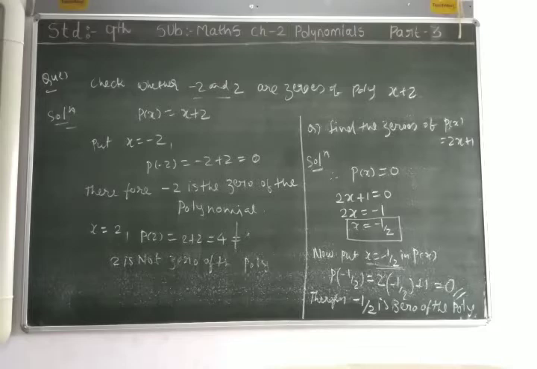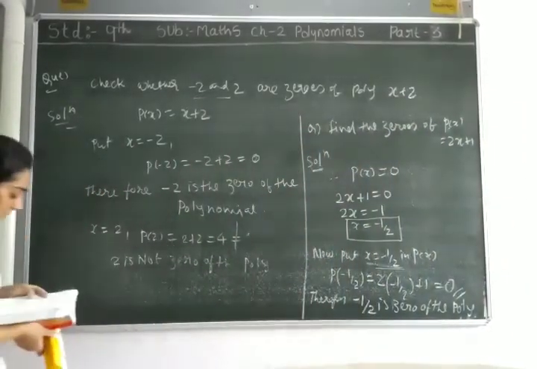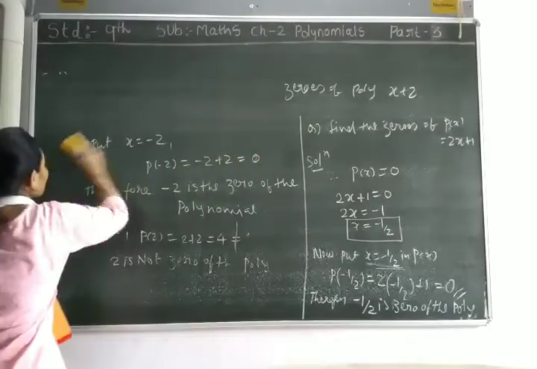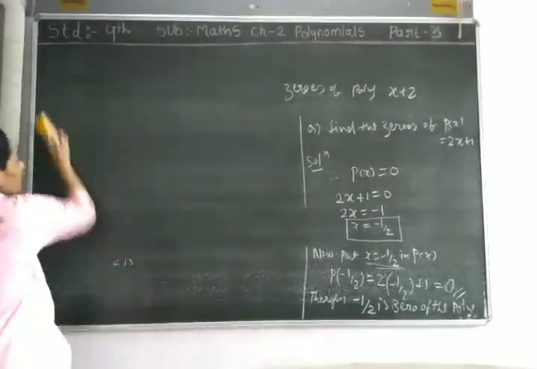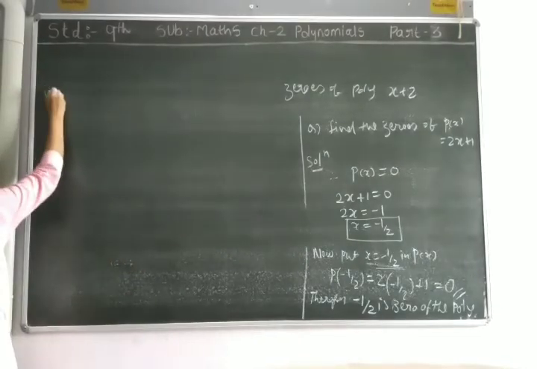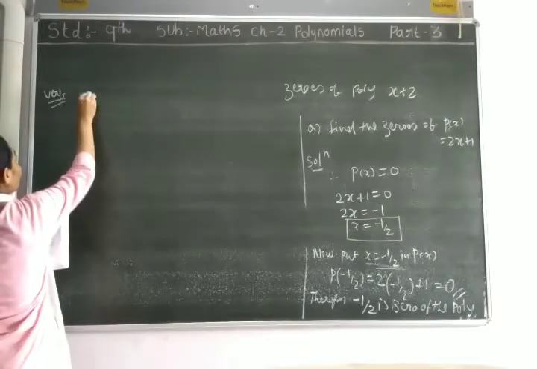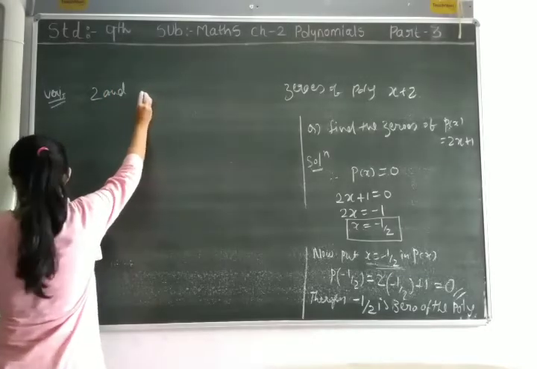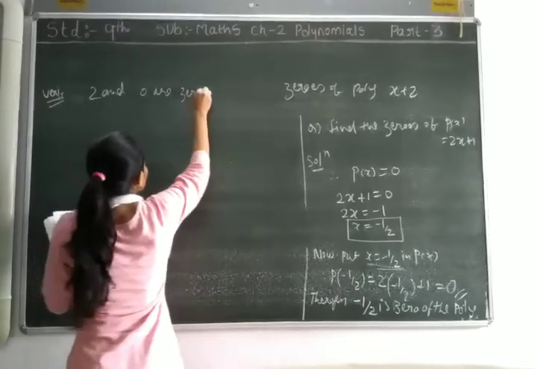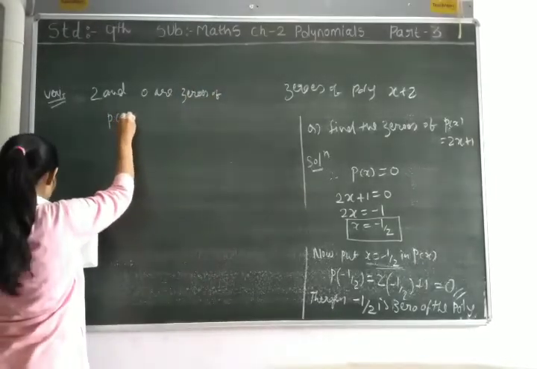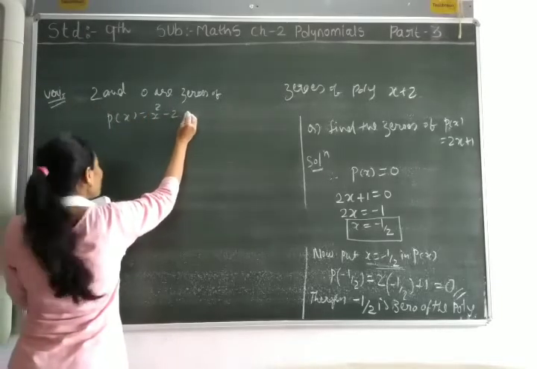Now the next question says verify whether 2 and 0 are zeros of the polynomial x squared minus 2x.